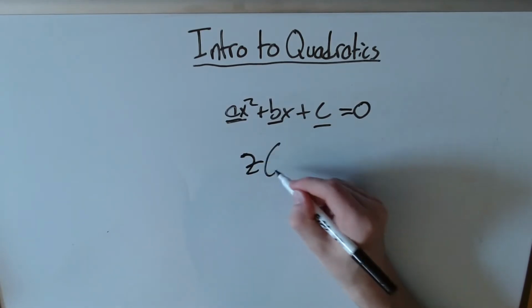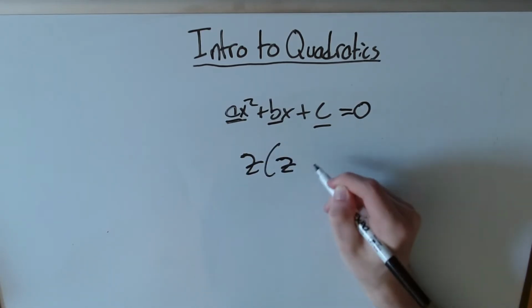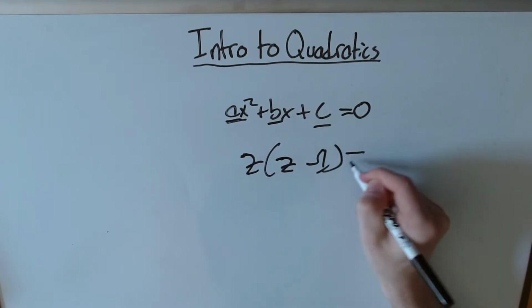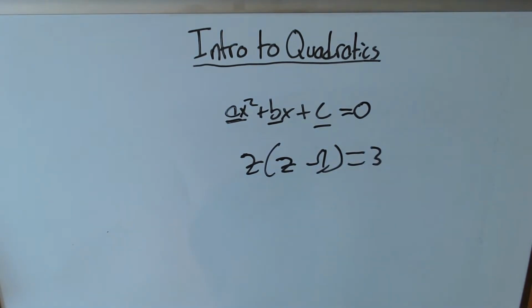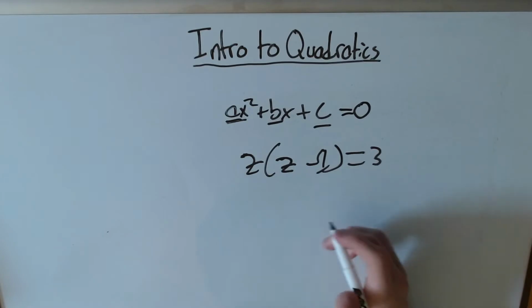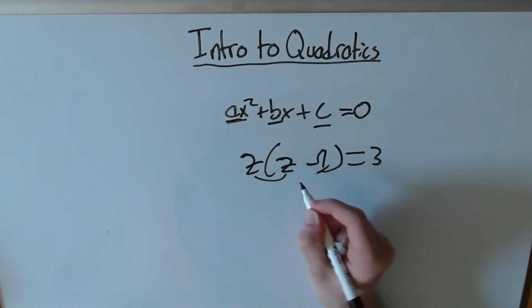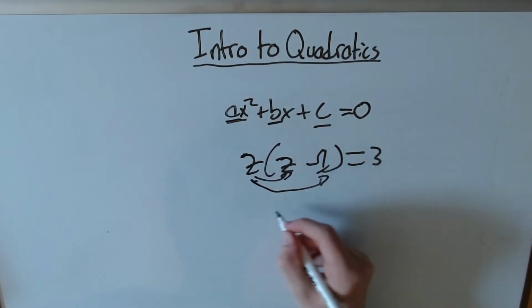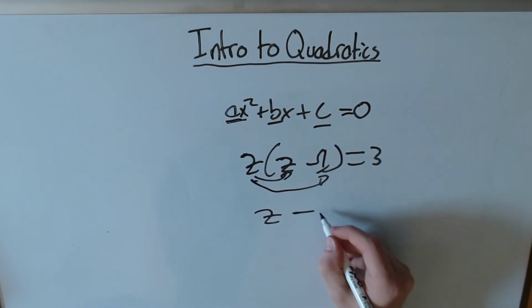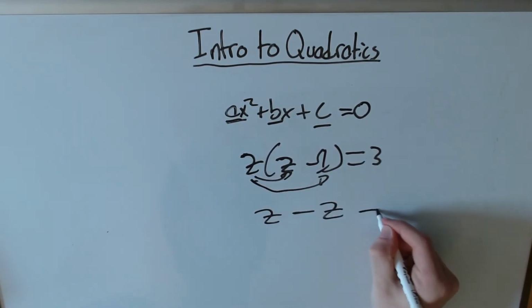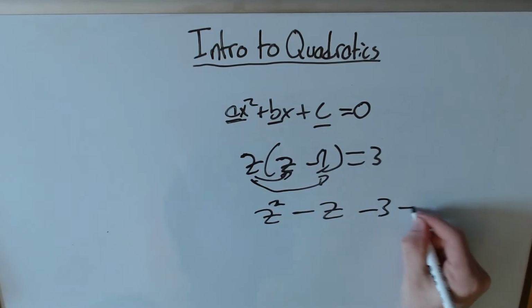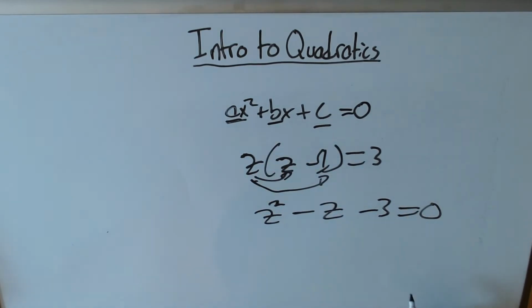Let's say z, this is my variable, times z minus 1 equals 3. And if I write it out in simplest form, do my distributive property, z squared minus z minus 3 equals 0. And that also conforms to my standard formula.